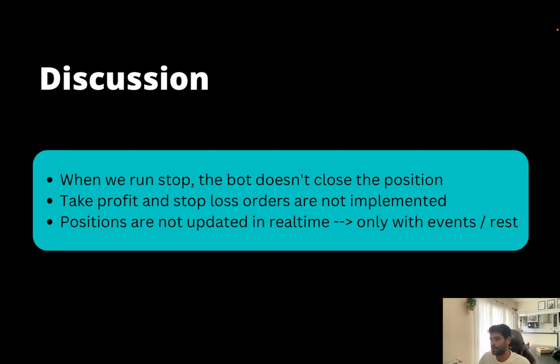So that's why I created an object called signal executor. The signal executor receives the information of what it has to do. For example, enter at this price, take profit will be this percentage, and stop loss will be this percentage. It creates the first order and then controls the execution of all the other things.